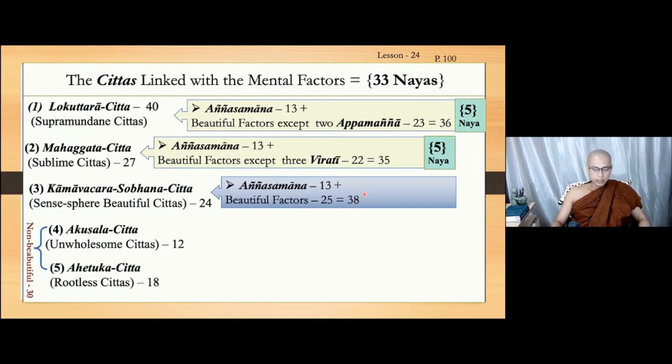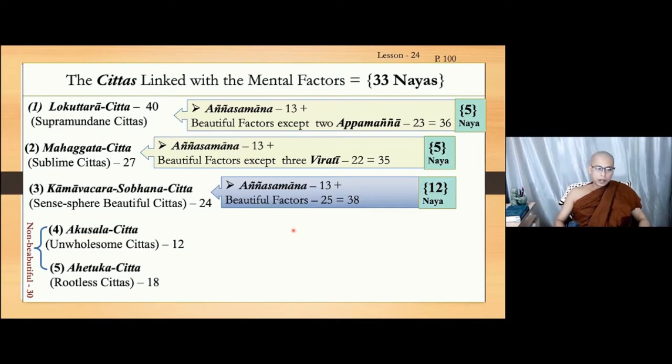This is the utmost enumeration. The Appamanna and Virati, the mental factors, have the nature of arising separately.